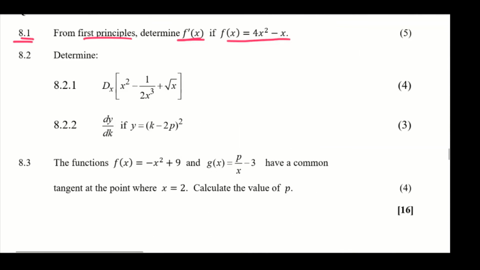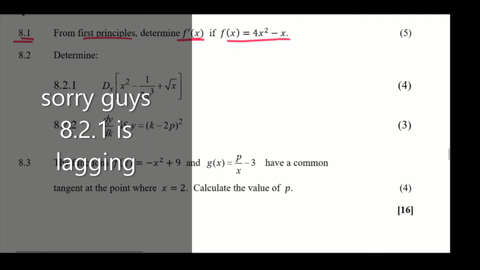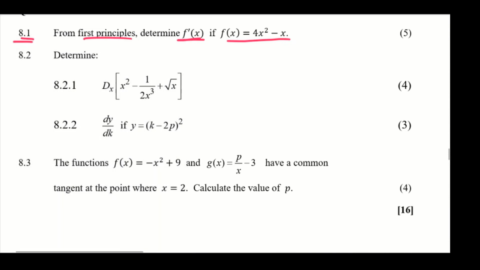So now we're going to do 8.2, where we are asked to determine in 8.2.1 the derivative of this expression here. So we have d of x of x squared minus 1 over 2x cubed plus the root of x.